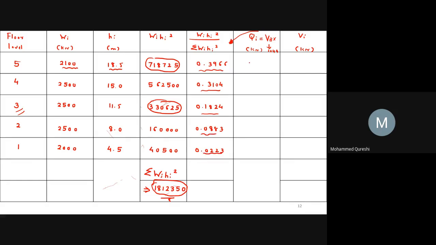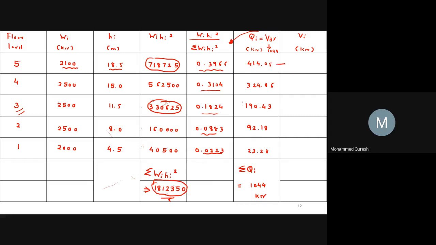So you will get 414.05, 324.06, 190.43, 92.18, 23.28. So the summation of Qi will be equal to 1044 kilonewton, which is equal to the base shear.